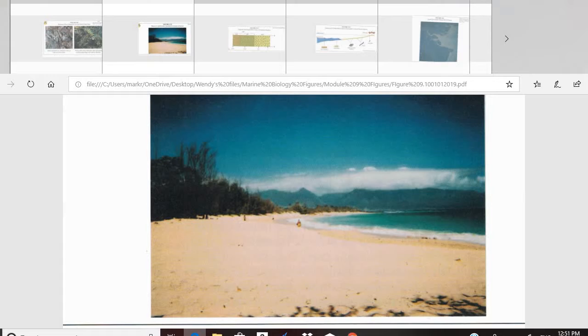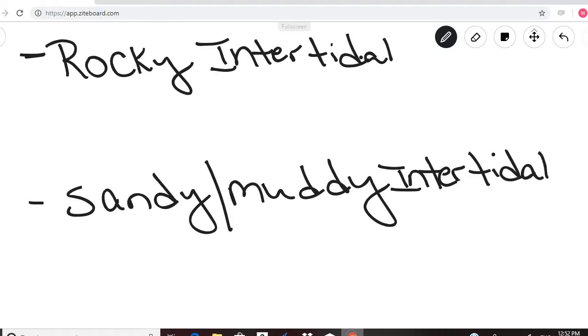This happens to be a beach in Hawaii. So generally we think of those two types of intertidal zones. They are either rocky, or they're the softer sand intertidal zone.